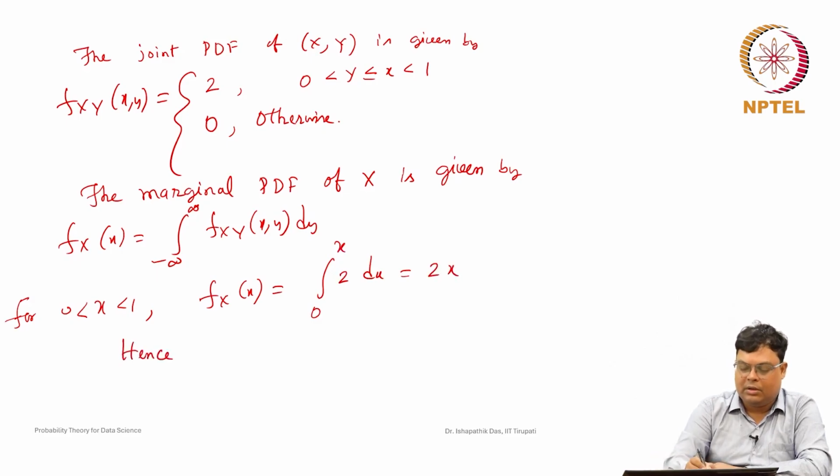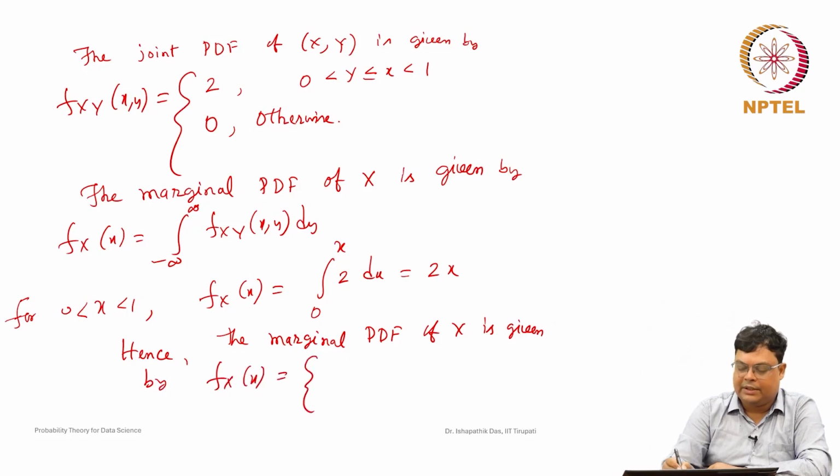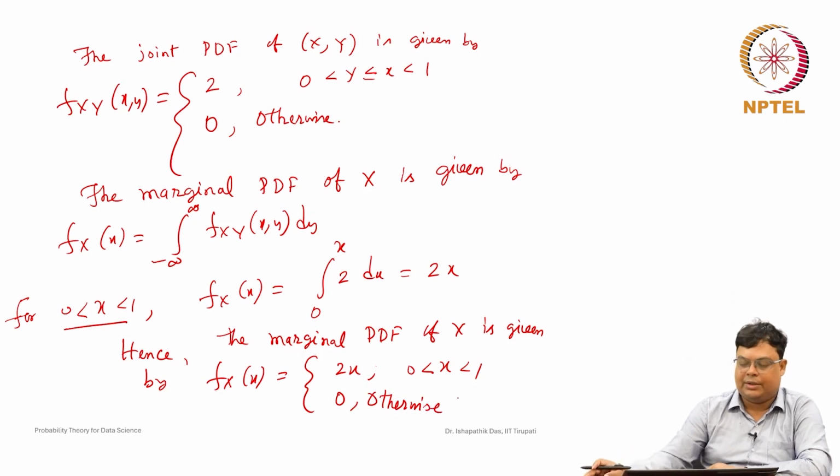Hence, the marginal probability density function of x is given by f of x equal to 2x whenever x is greater than 0 and less than 1. For any other value, this density is 0, so the integration will also be 0. So it will be 0 otherwise.